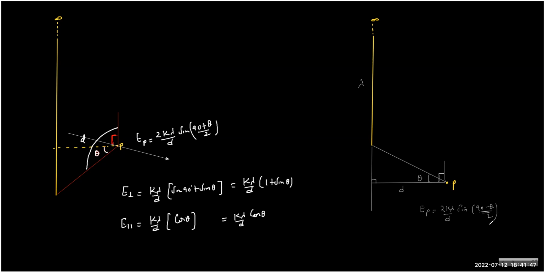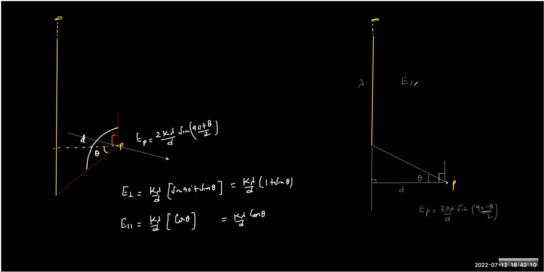Of course, these things are not always very simple to realize. It's difficult. But anyway, this is the answer: 2k lambda by d sine of (90 minus theta) by 2. This is the net field. If you want the components, you know how to do it.